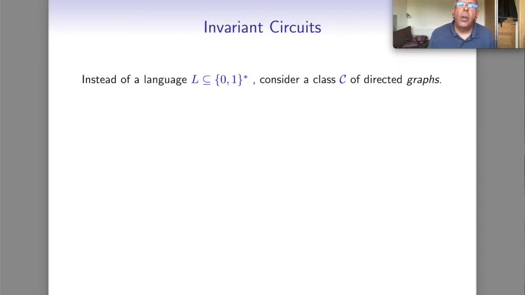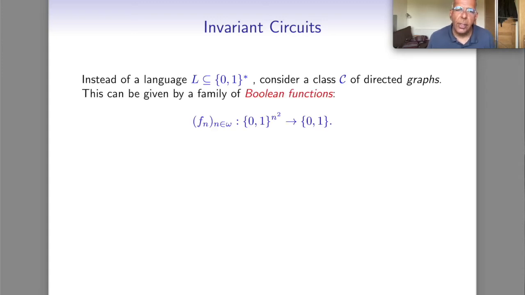Right. Now we're interested in circuits which take not just some set of strings, but the input is some structured object like a graph. So we want to decide not a language, but a class of, say, directed graphs. We can think of this as being given by a family of Boolean functions.